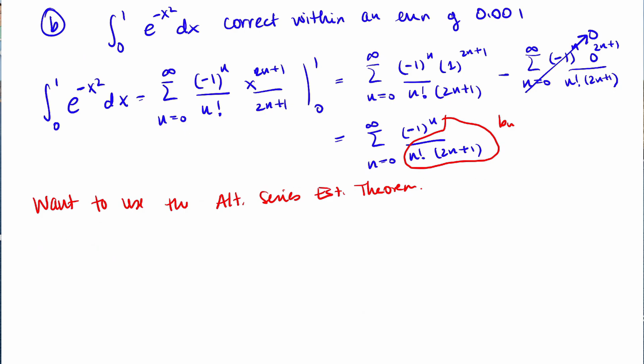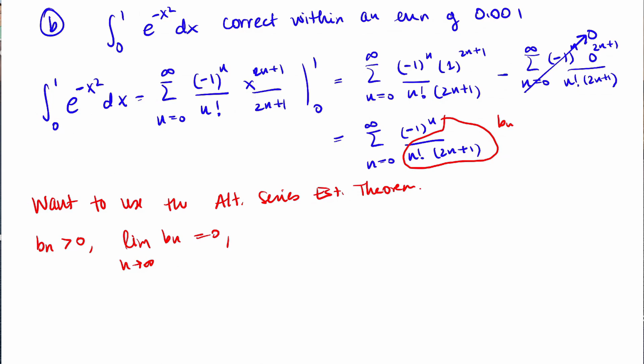So we have that Bn has to be larger than 0. We have that. We have that the limit as n goes to infinity of Bn has to be 0. And Bn is decreasing because Bn is larger than Bn plus 1, right? Because if you take another term, you will be dividing by something larger when you substitute n plus 1 in the denominator. Perfect. So I can apply the alternating series estimation theorem.